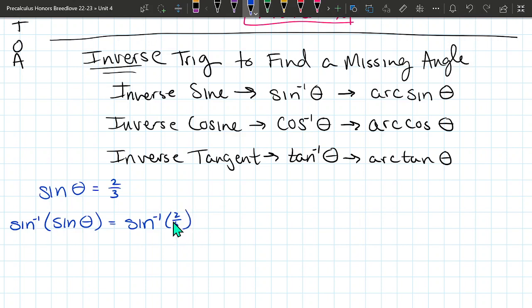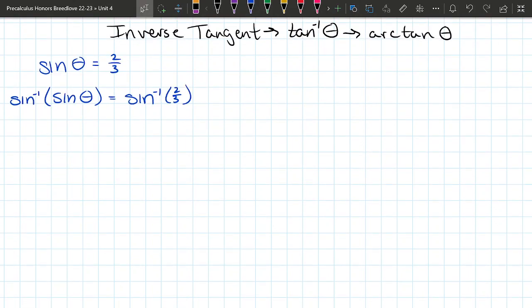So what I'm doing is applying the inverse sine to both sides of the equation, just like you would with any other function. Then the inverse sine cancels out the sine, and that's why you have theta equals the inverse sine of 2/3. I'm pretty sure when you were taught inverse trig in geometry, your teacher just said sine theta equals 2/3, so theta equals inverse sine of 2/3.